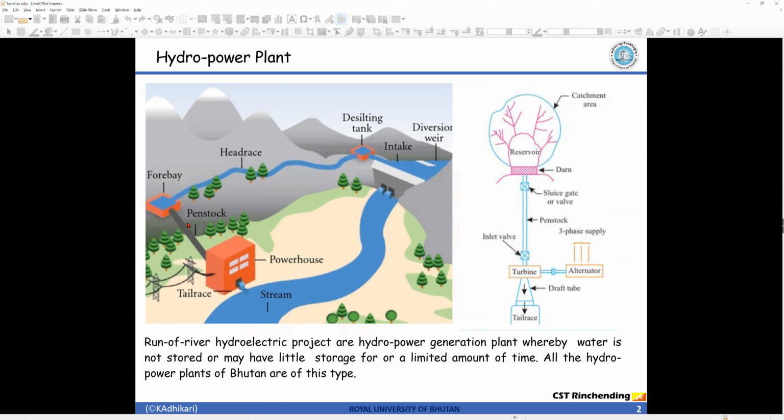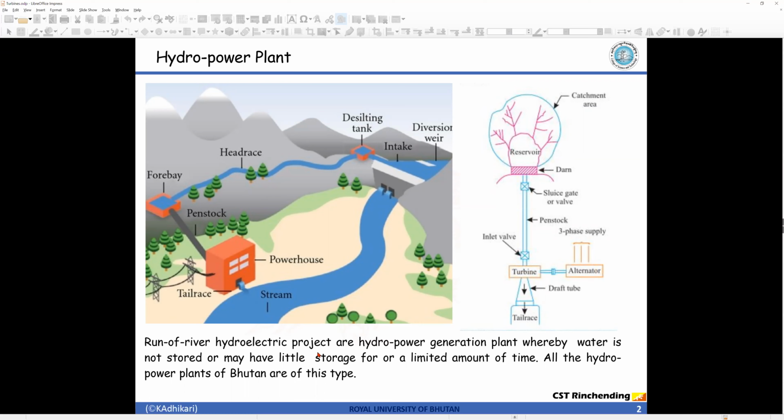If I give you an example of an impulse turbine, the pressure energy of the water is converted to kinetic energy with the help of a nozzle. The water then strikes the turbine and rotates it, which makes the shaft rotate, and then the electric power is generated. This entire scheme is known as a hydropower plant.